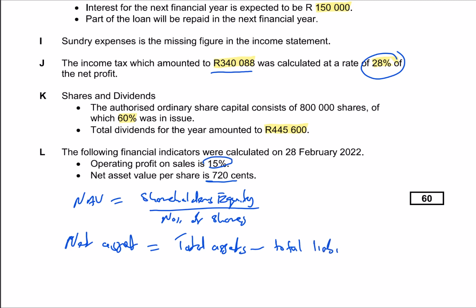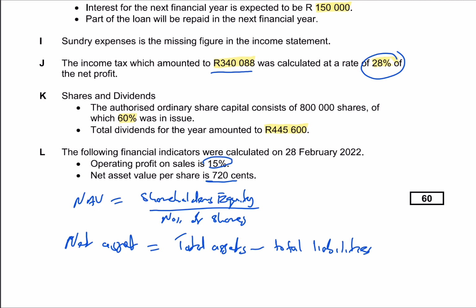When I say total liabilities, it basically means non-current liabilities plus current liabilities. That will give you your shareholders' equity. So if you take your total assets and subtract total liabilities, you get your shareholders' equity.